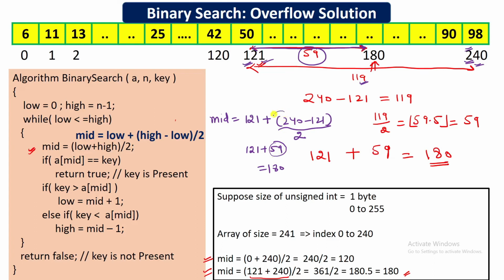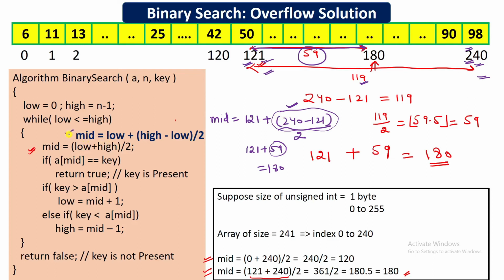And before that, the difference can easily be accommodated inside an unsigned int data type. So the funda is, by adding two large numbers you will get a very large number, but by finding the difference of two large numbers, let's say 240 and 121, you will get a smaller value, and a smaller value will not give you an overflow problem. This was the main point in solving the problem of the overflow in binary search.